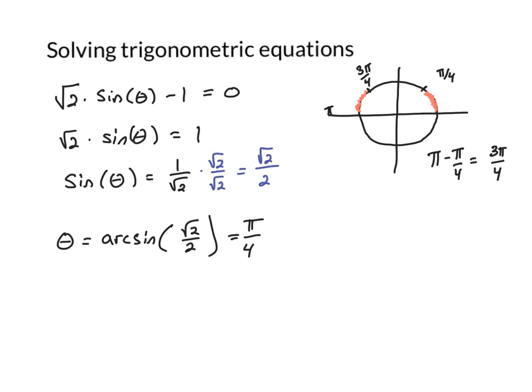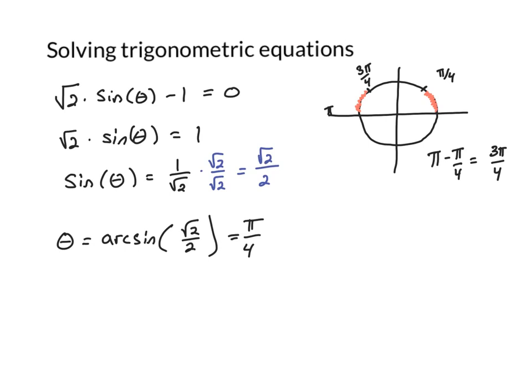If I went one full rotation by 2 pi, I still have a solution. And if I did it again, I would also have a solution. So I have to take into account all possible rotations around the circle, and I have to do that for 3 pi over 4 as well.